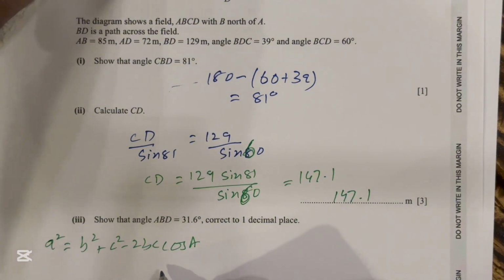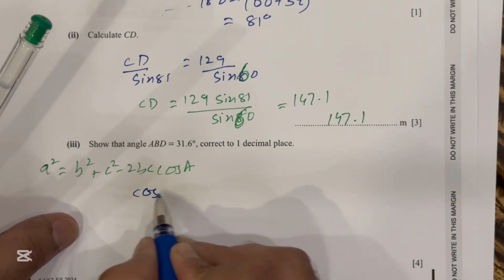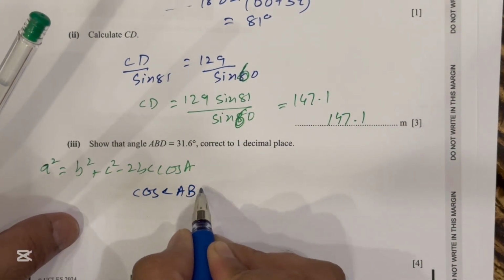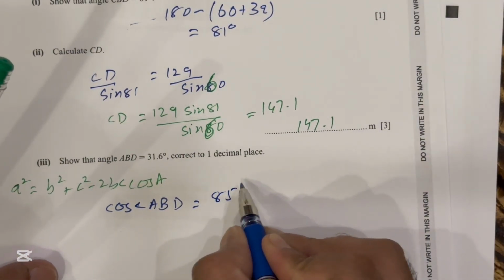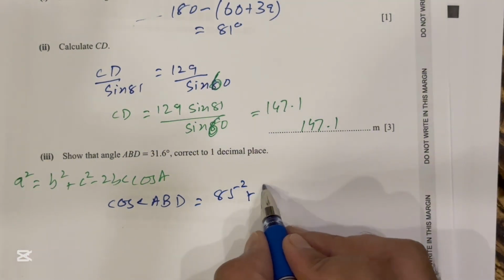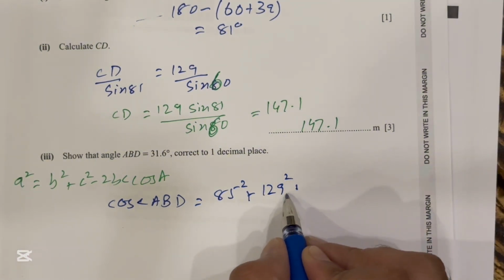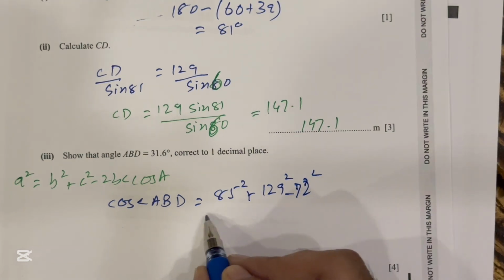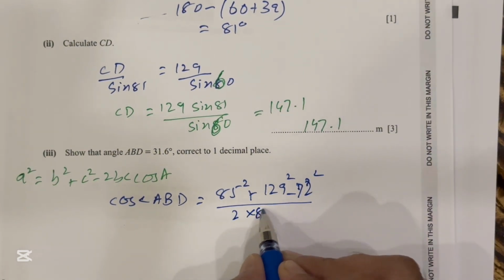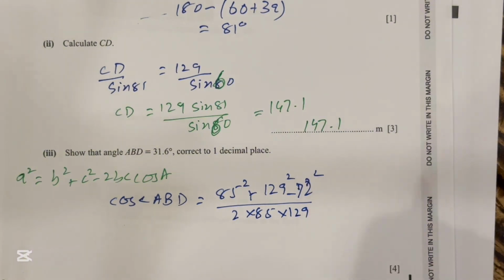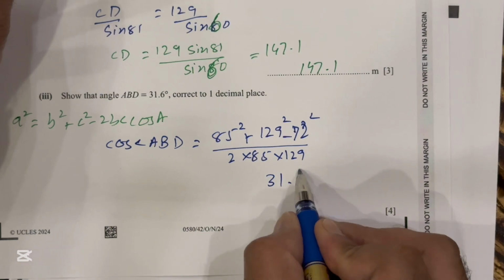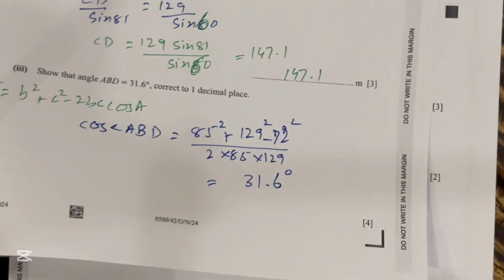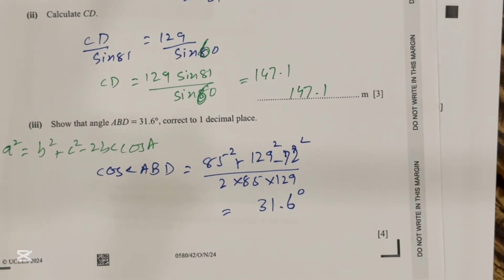Cos angle ABD must be equal to 85 square plus 129 square minus 72 square, divided by 2 into 85 into 129. You get the answer, the same that was required to show, that is equal to 31.6 degree. After calculating, you need to take the cos inverse to get the final answer.